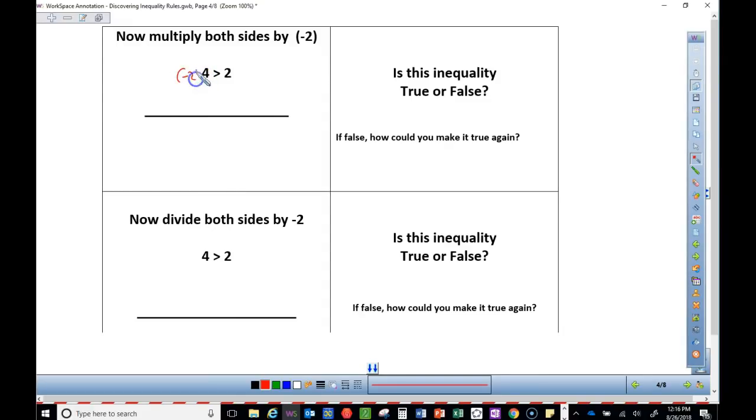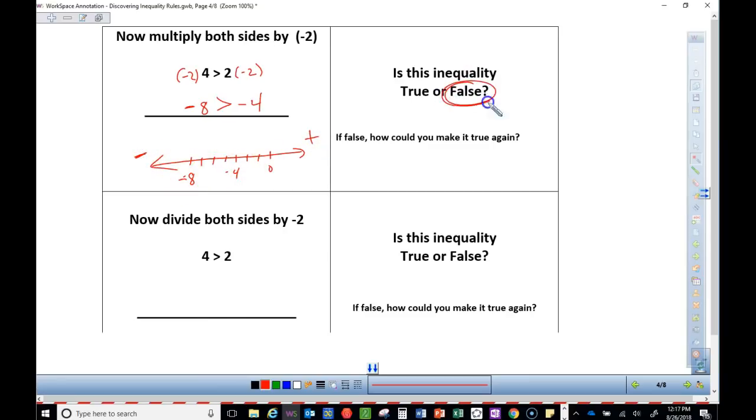So we would end up with negative 8 is greater than negative 4. Let's look at that. 0, 1, 2, 3, 4, 5, 6, 7, 8. Nope. Negative 8 isn't greater than negative 4. It's to the left of it, right? Things are smaller this way and bigger this way.